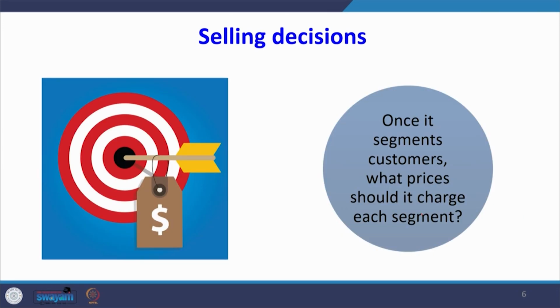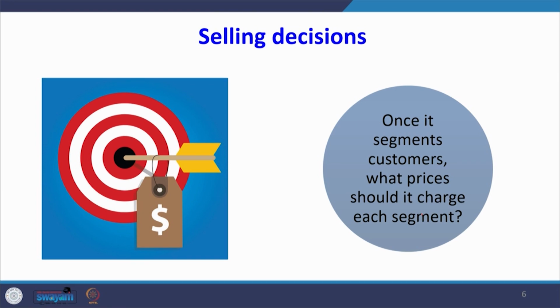Once it segments the customers, what price should it charge in each segment? One way to make more sales is by modifying the demand. How can we modify the demand? Different customers have different buying behaviors, so we can segment the customers. Once the segmentation is done, what prices have to be fixed for them?